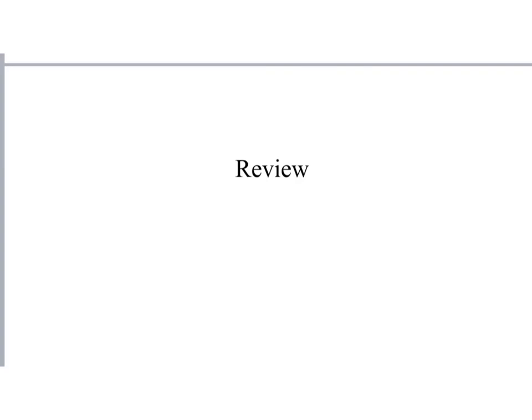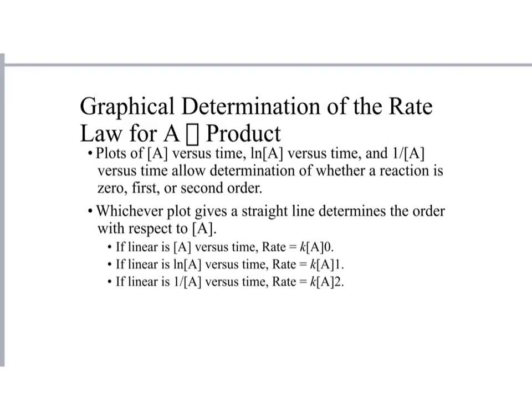Okay, so let's take a quick review. What we first were looking at is trying to talk about how to do a graphical determination of the rate law to find the activation energy, right? And so we can plot the concentration of a particular compound versus time, and we can do 1 over concentration.